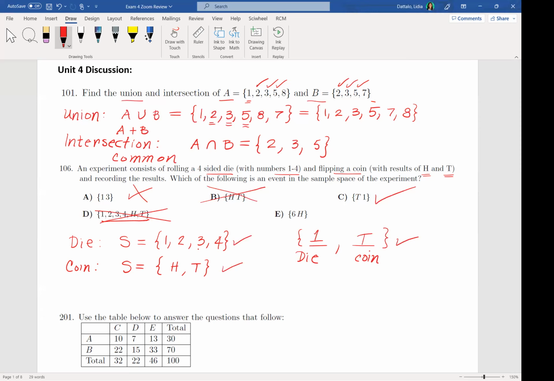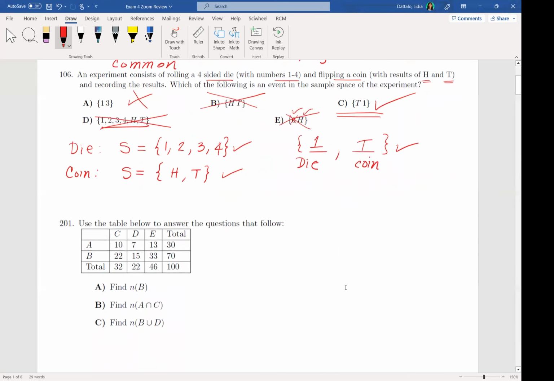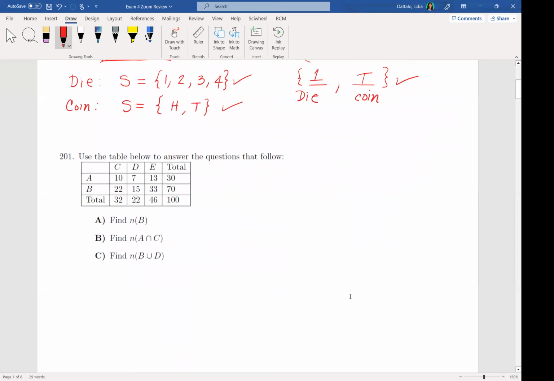And then E says 6 and H. H is okay, but definitely not 6 because the die's only options are 1, 2, 3, and 4. So definitely not. So this would be your solution there.